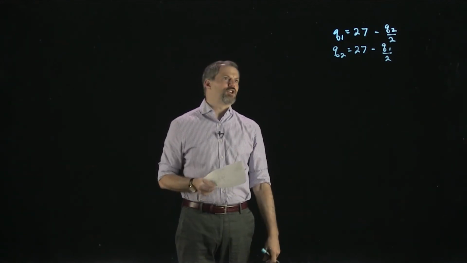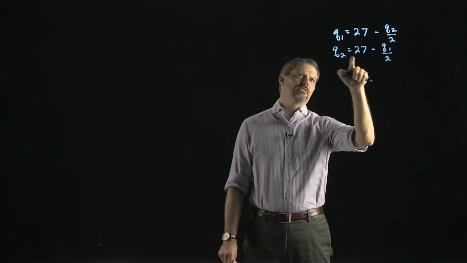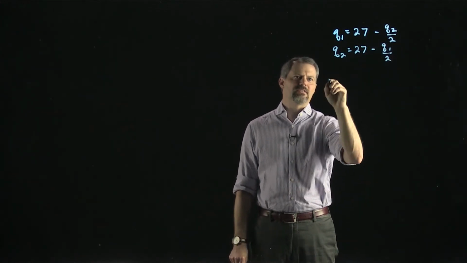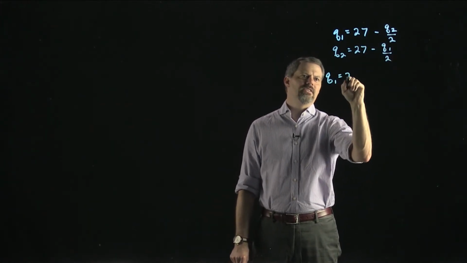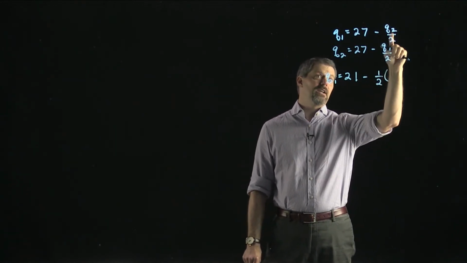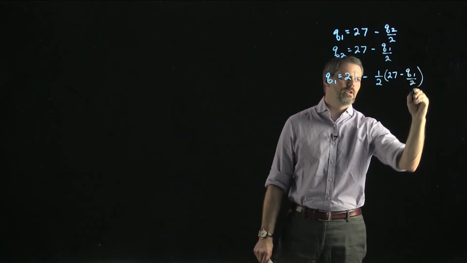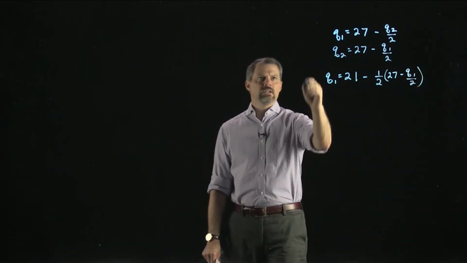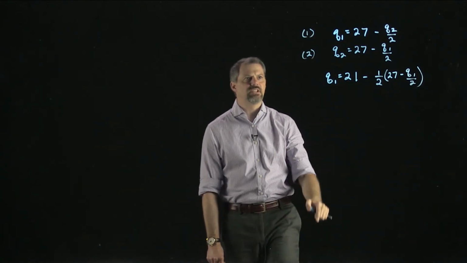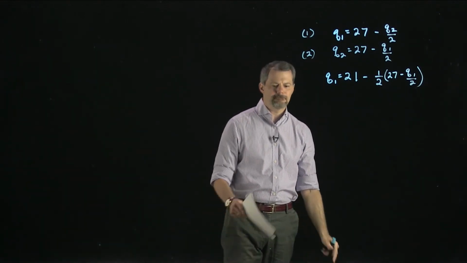Let's solve for Q1 by taking this function for Q2 and plugging it in right there. So I'm going to write the first function: Q1 is equal to 27 minus 1/2 multiplied by Q2, which is 27 minus Q1 over 2. If we were to call that equation 1 and this equation 2, I'm just substituting equation 2 into equation 1.